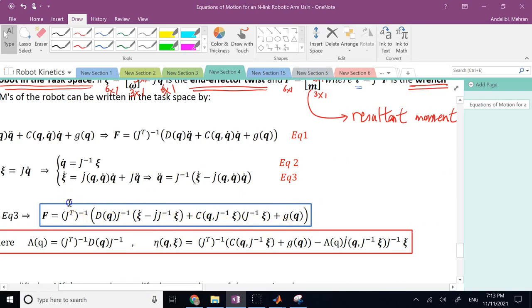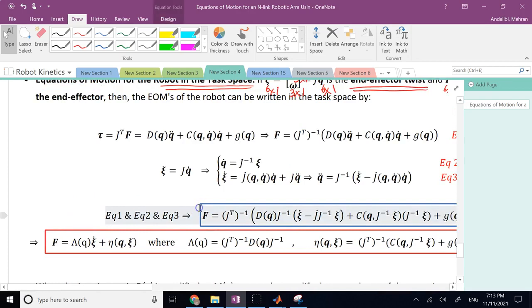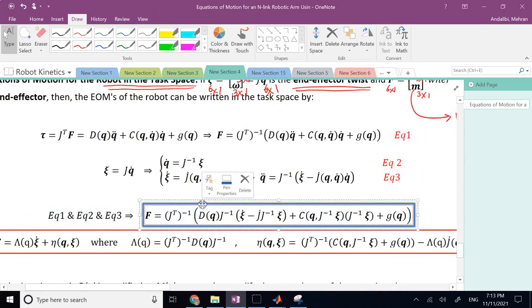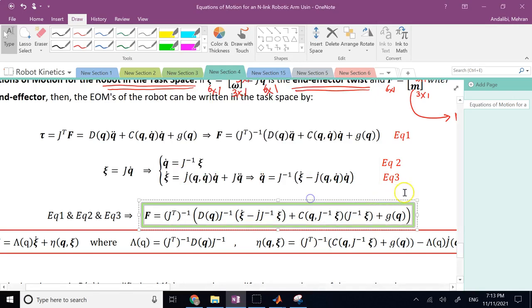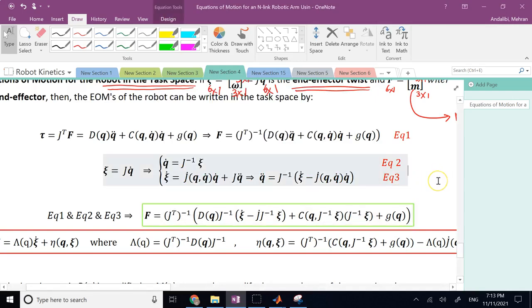This is the ultimate equation of motion in the task space. F, the wrench, is equal to J transpose inverse times D times J inverse xi dot minus J dot J inverse xi, plus C of q and J inverse xi times J inverse xi.